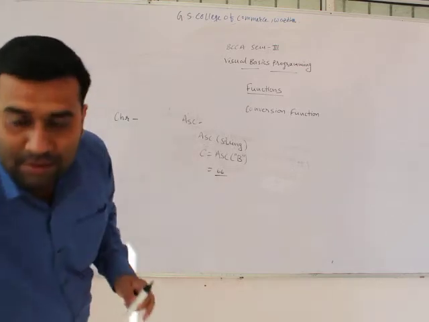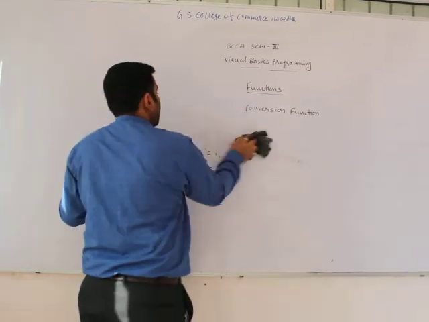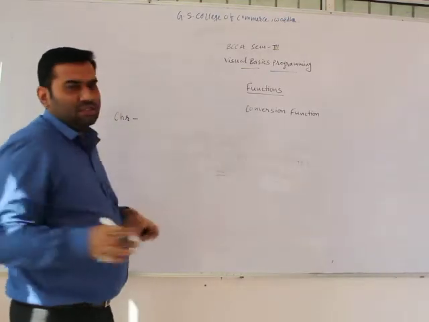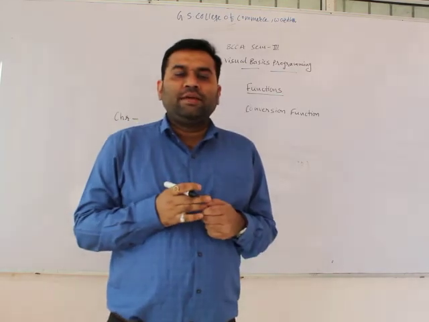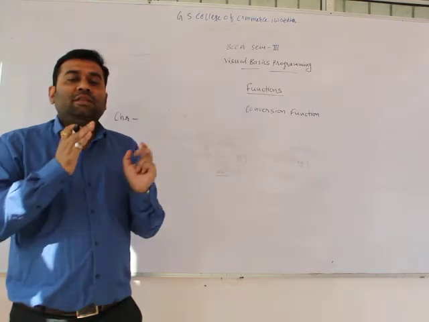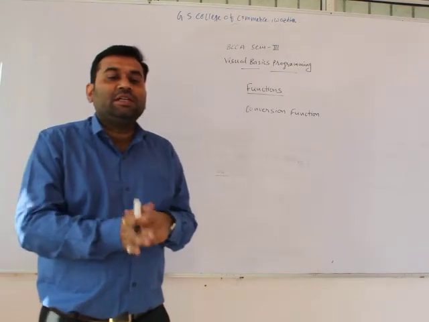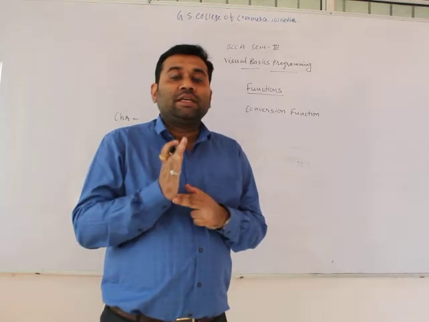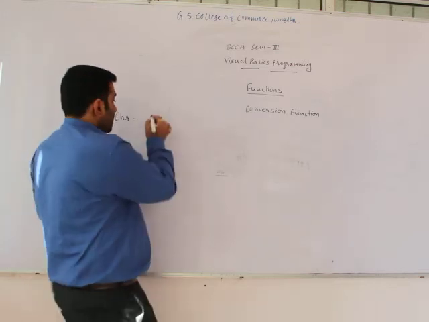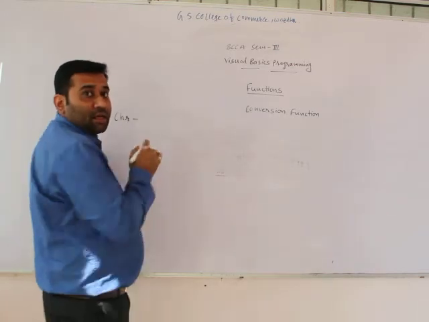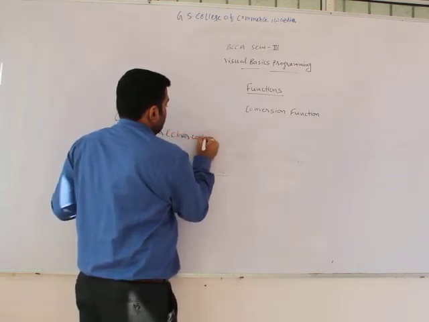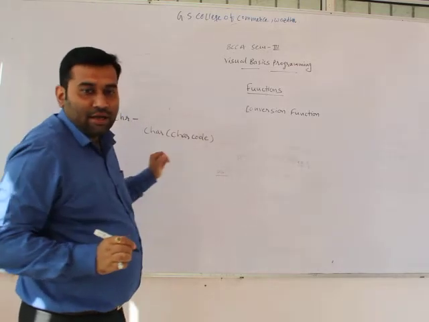Next is CHR, character. This function returns the string that represents the character. ASCII represents the numeric value; CHR gives the character. This function returns the string that represents the character associated with the mentioned character code. The syntax is CHR and the char code.